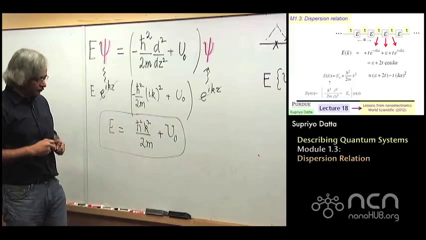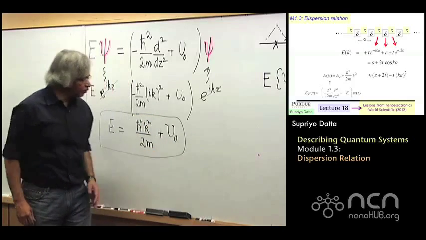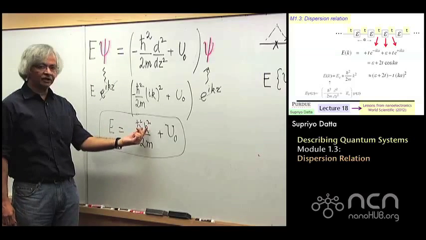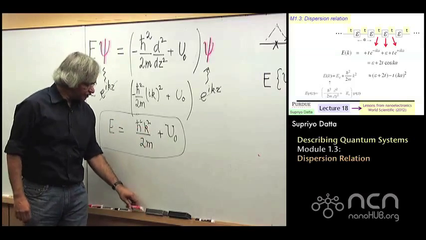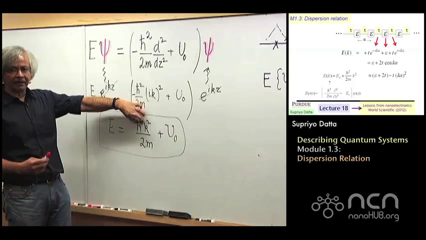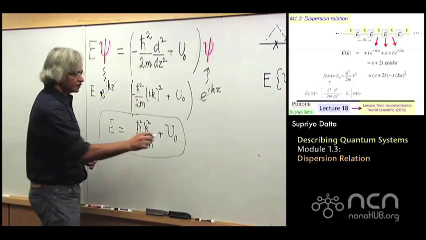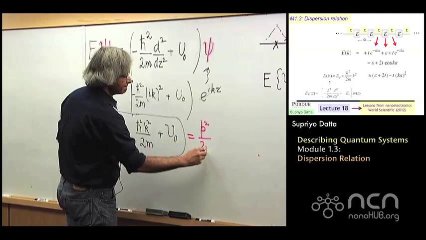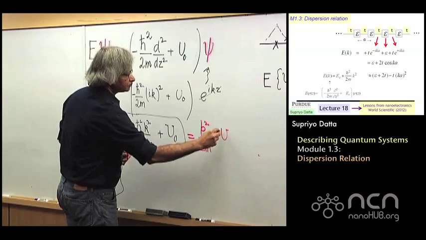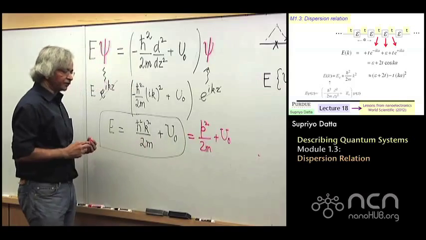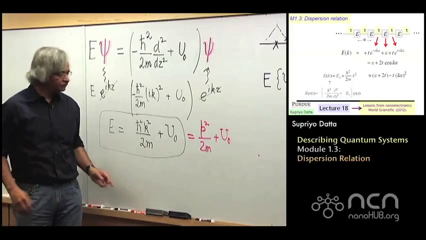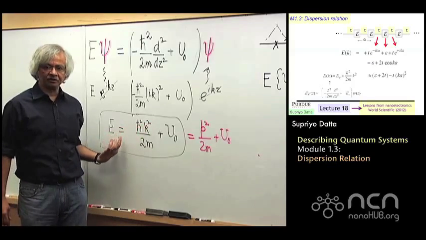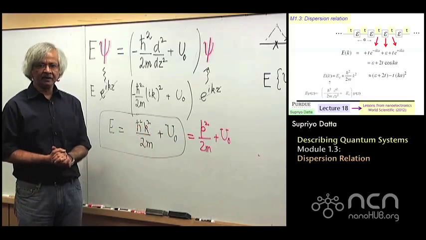In fact, the way it often works is that people know from experiments that the energy is related to the k, or actually this h bar k is like momentum. So often this also could be written as p squared over 2m plus u0. You can often write it this way. So often what is known experimentally is this energy E(k) relation, or this energy momentum relation.